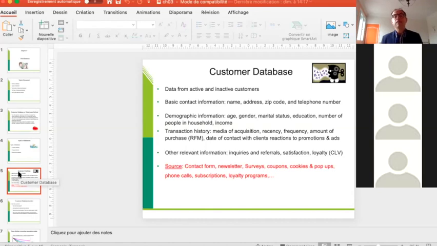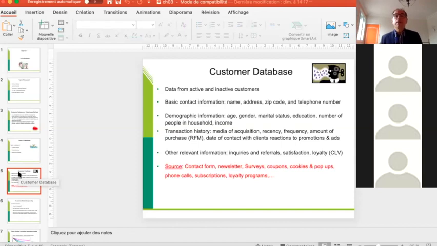It contains above all basic contact information: the first name, family name, the address, zip code, telephone number, email address, social media, WhatsApp, so all this information that can be used to contact the customer.